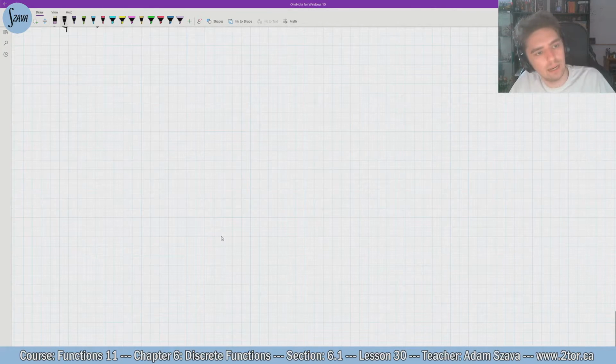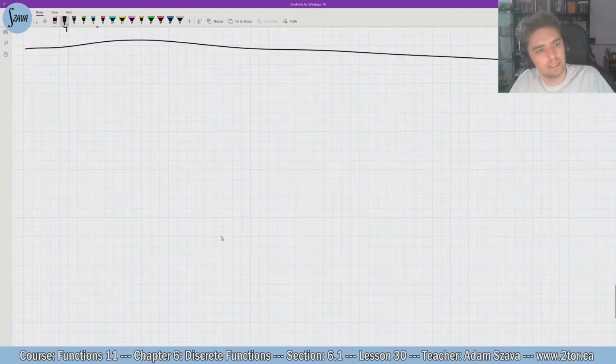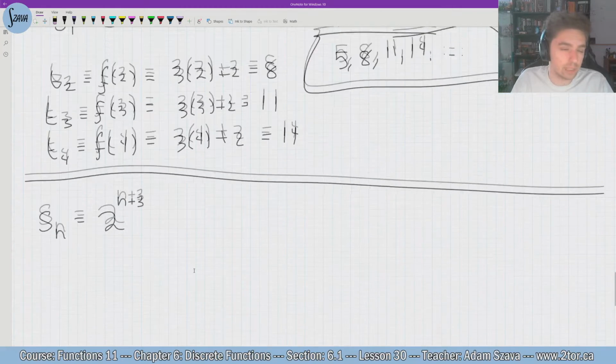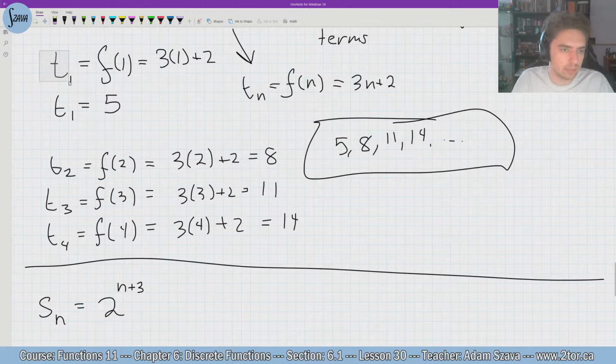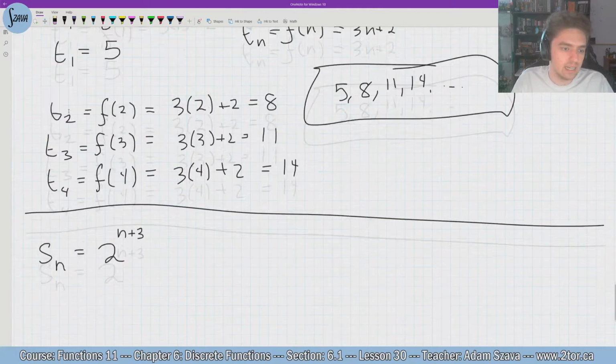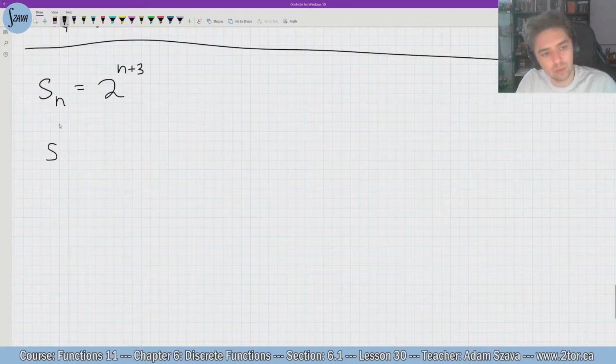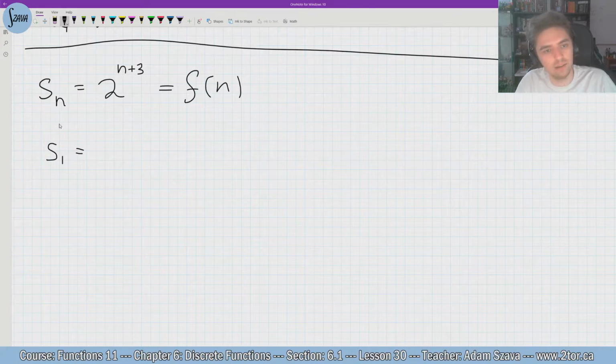What about the same question, but this time it's Sn equals 2 to the n plus 3. Your sequence is labeled whatever is labeled here, so this is the sequence T, and this is just another sequence called S. But it works the same. This is just f of n.